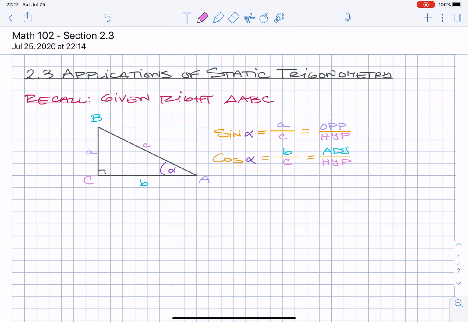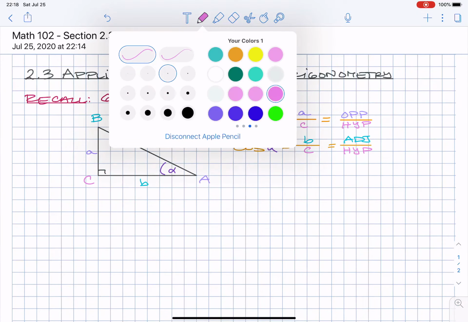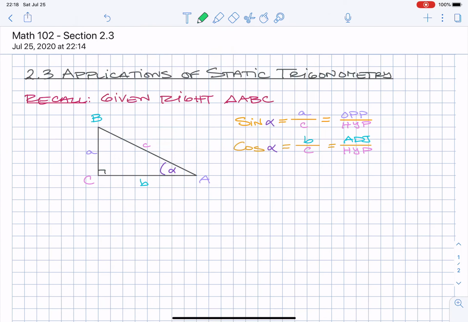And tangent just comes along or is a result of the two above. I can just take the quotient. Let me move this to the right a bit. Maybe I should move this up. So tangent, let's use green. Tangent of angle alpha.